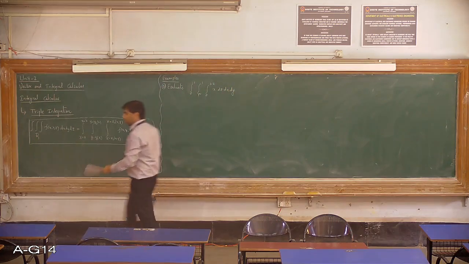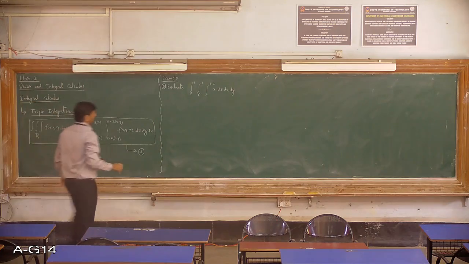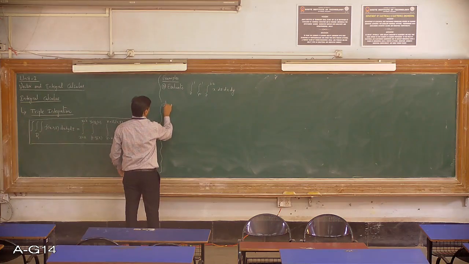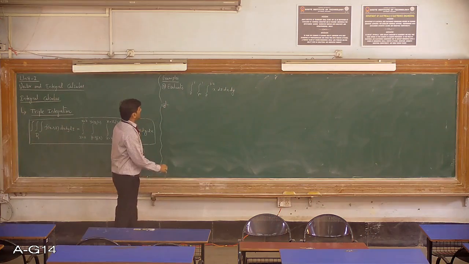You can see the order in which they have given it. In that order only you have to write, you have to allocate the limits.